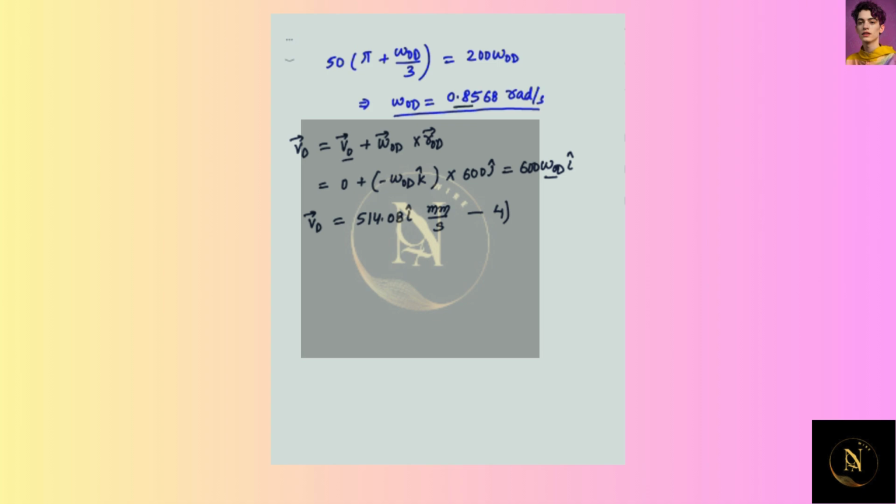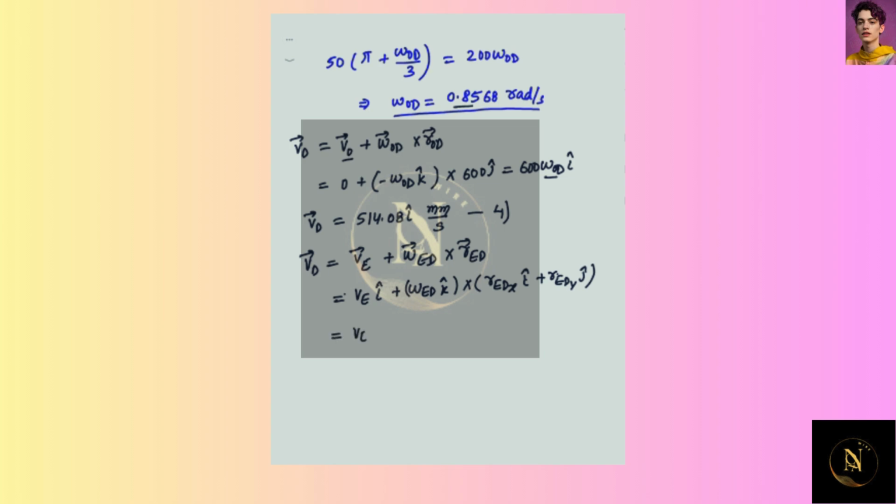Now in order to show that V_D and V_E are equal, we can write the V_D vector in terms of E. So the V_D vector equals V_E vector plus omega ED vector cross R_ED vector. So from here we can write V_E i cap plus omega ED k cap cross (R_ED x i cap plus R_ED y j cap).